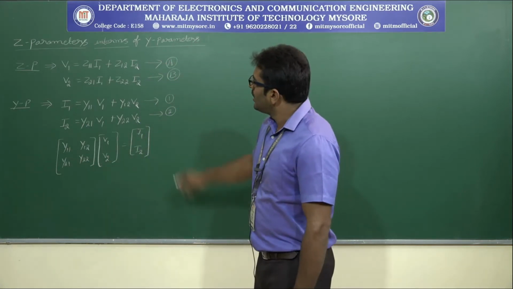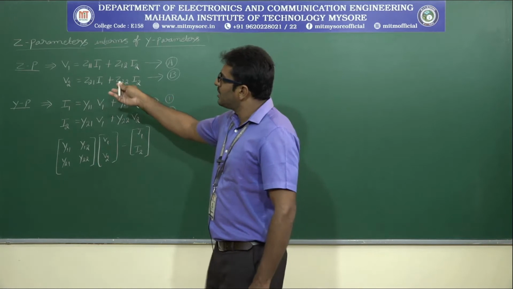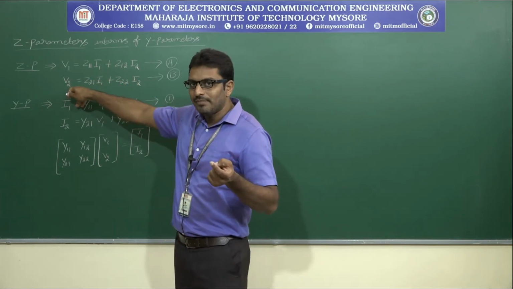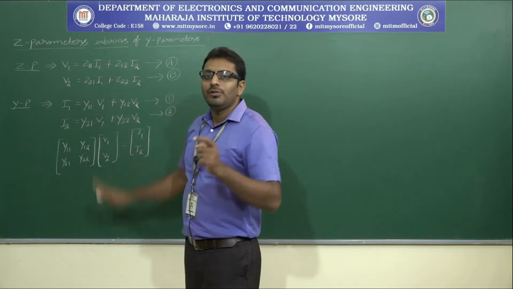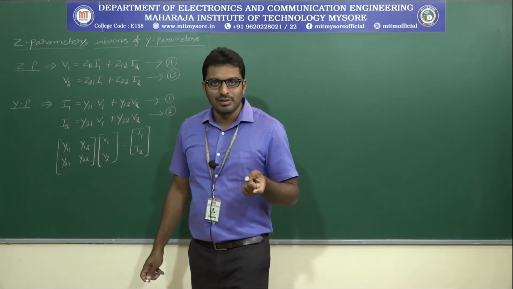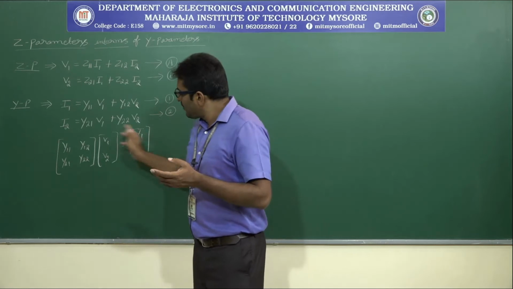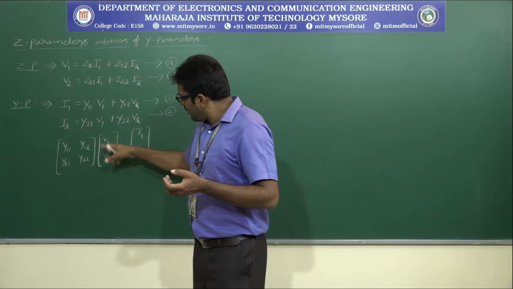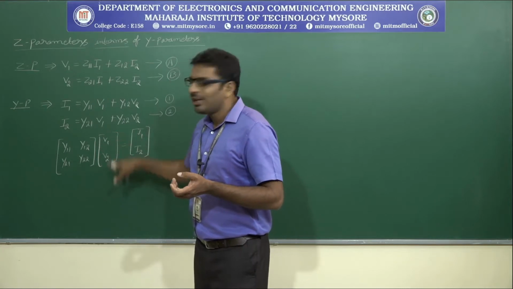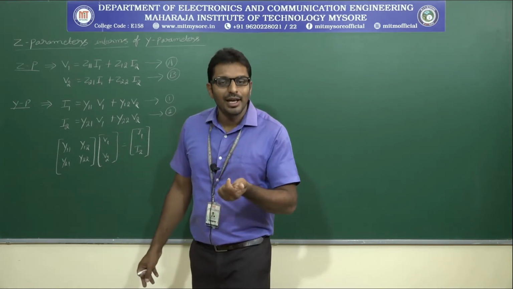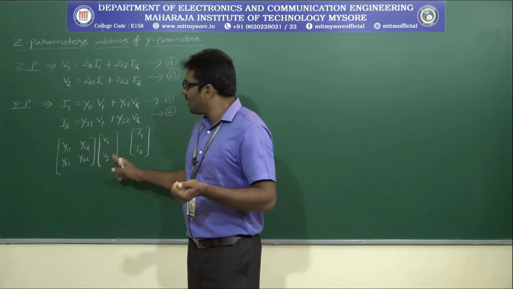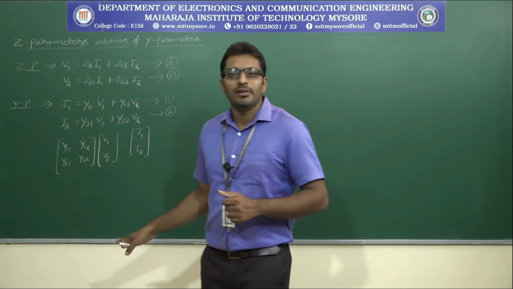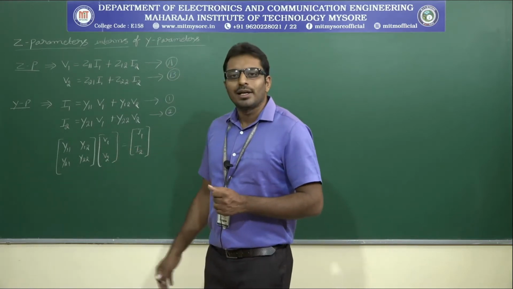Now, in the Z parameter equations, V1 and V2 are dependent variables and I1 and I2 are independent variables. So, we need to express this matrix form in that form. Try to solve for V1 and V2. How to get the expression for V1 and V2? By applying Cramer's rule.